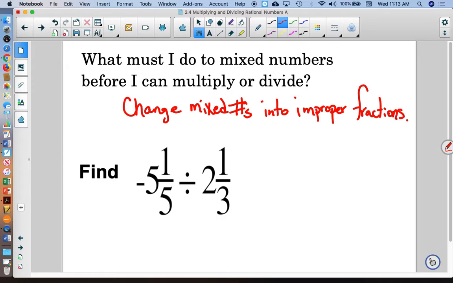This is all kind of review. What I heard Chloe say was take the negative 5 times 5, multiply those, and then add what you get to the numerator.